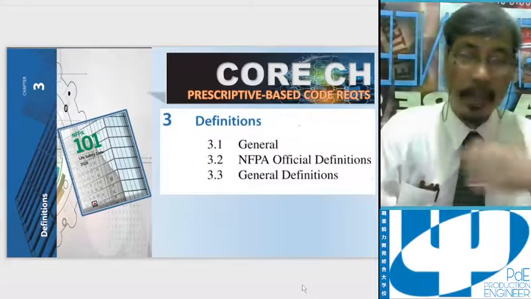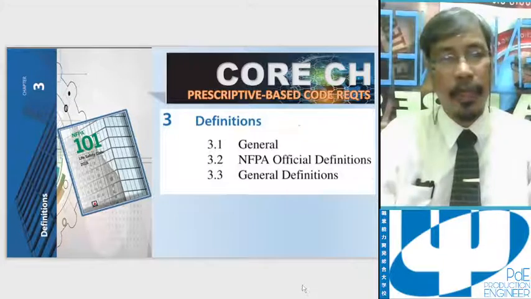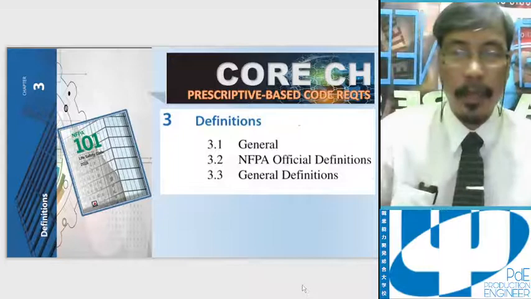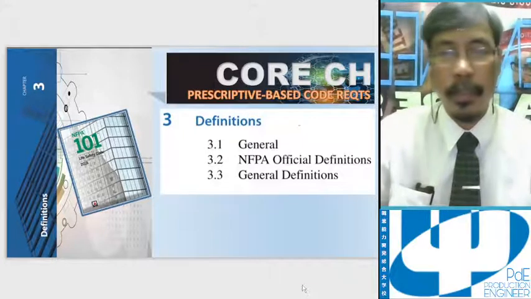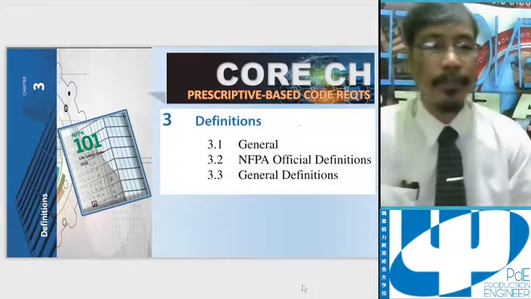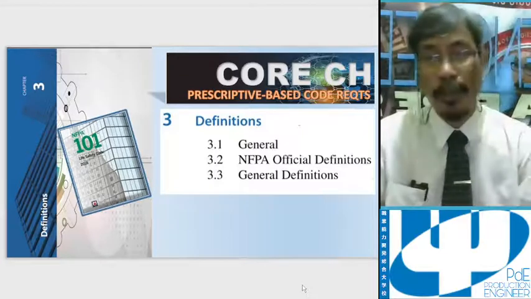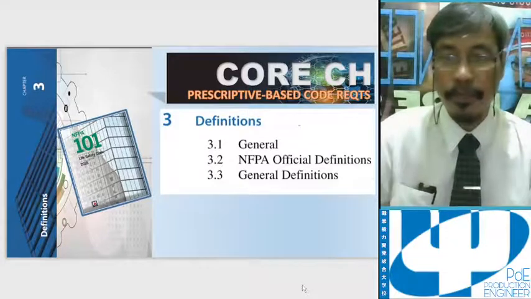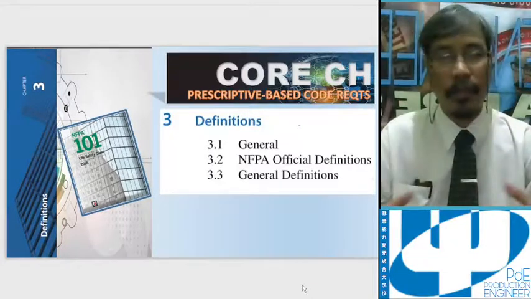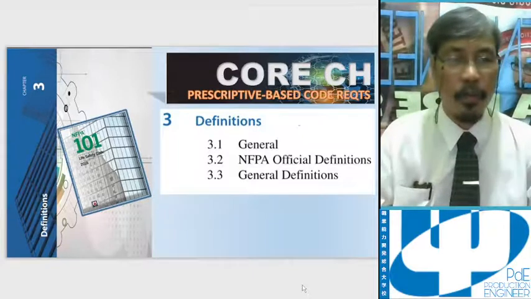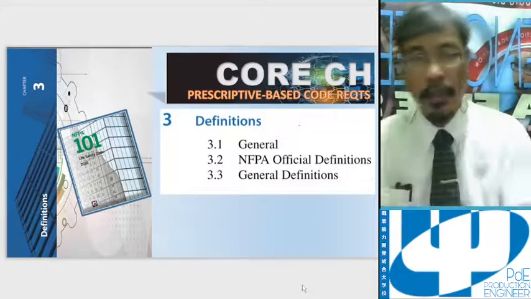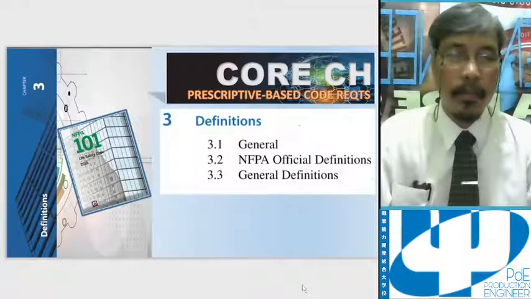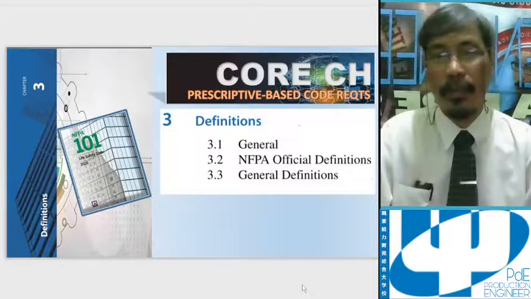What about Chapter 3? Definitions. We have three sections, 3.1 General, 3.2 NFPA Official Definition, and 3.3 General Definition. So we have a general and general definition. Take a look. There's a difference between general and general definition. General is the description, why we need this thing, why formatting and so on. Okay? But general definition is specific.